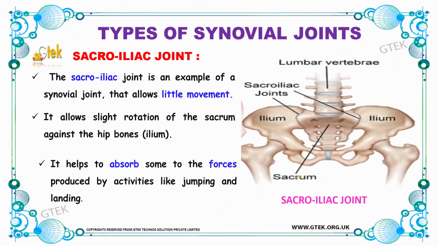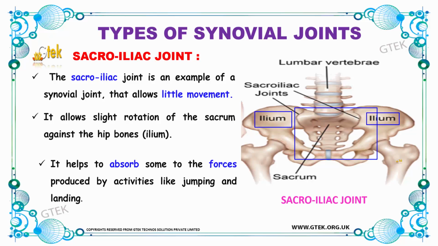Next we have the sacroiliac joint. The sacroiliac joint is an example of a synovial joint, and it allows little movement. It allows slight rotation of the sacrum against your hip bones, that is your ilium.